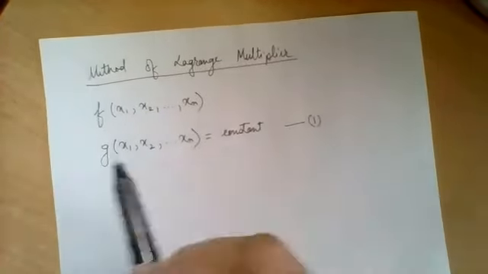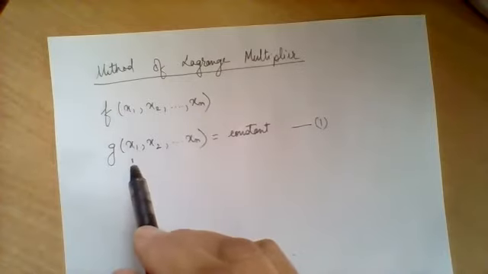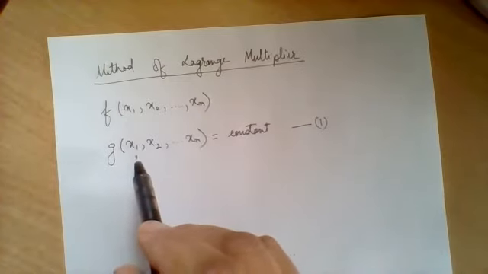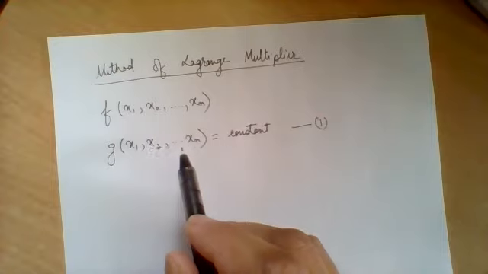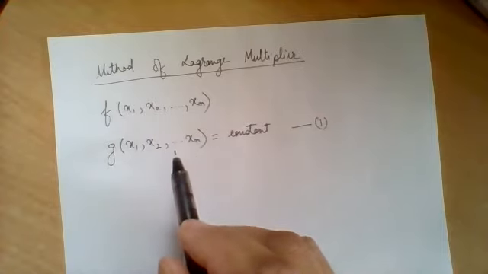So we have a function of the variables x1, x2, and so on till xn. These variables satisfy a constraint equation, the constraint equation g equal to some constant.